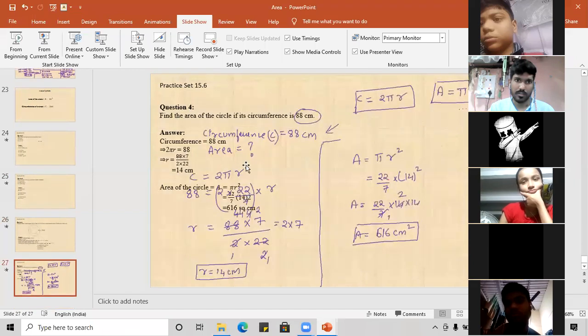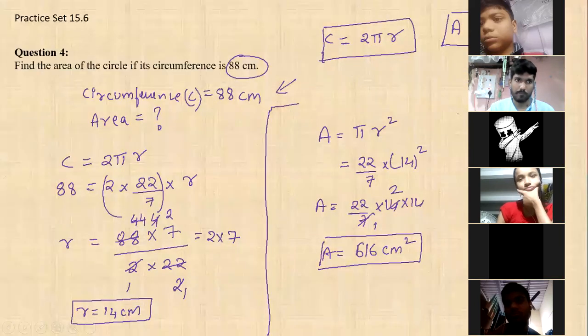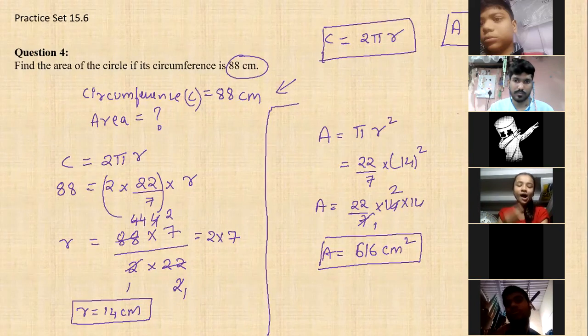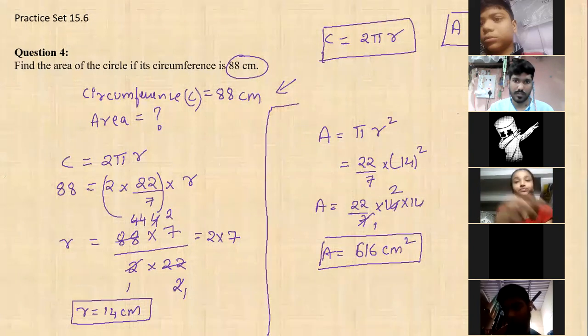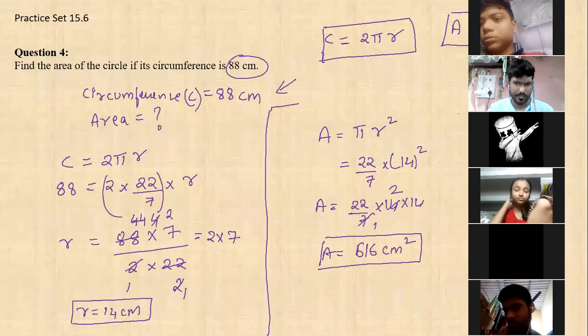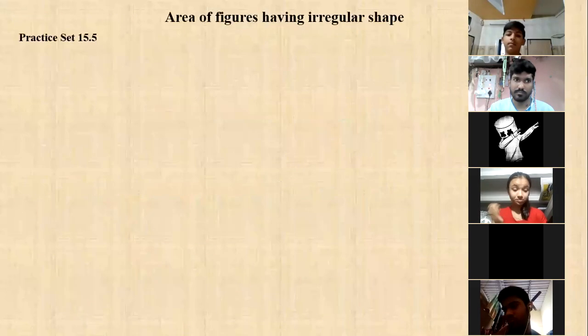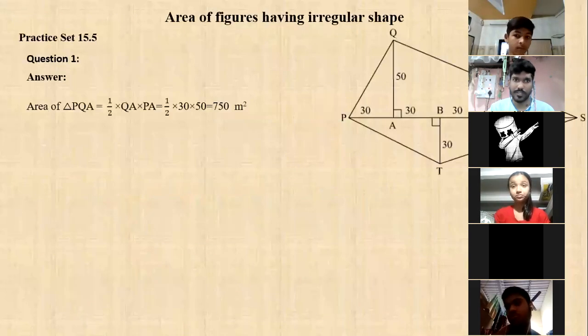And also the 15.5 first sum. Done? Okay. Who wanted the first sum? 15.5 first sum, this.